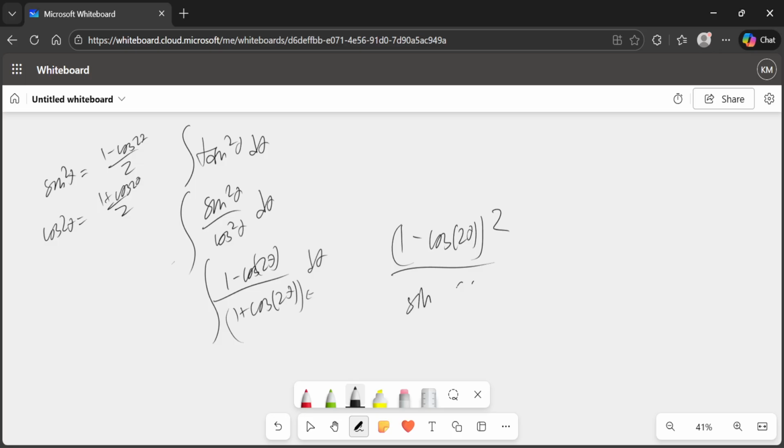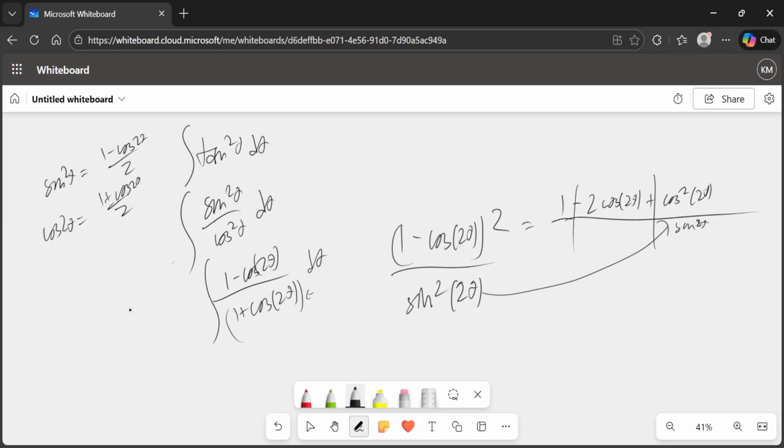Okay, actually there might be a path out of this. Because then that becomes sine squared 2 theta, and then you expand this out, so you get 1 minus 2 cosine 2 theta plus cosine squared 2 theta. Oh, wait. So then, no, because even if you set that equal to tangent, you're just gonna get this again over here, even if you broke it apart, and that's tangent squared, and it's positive, so it's just gonna cancel.